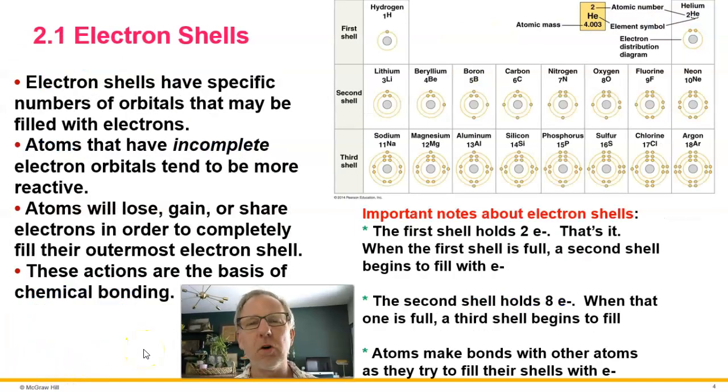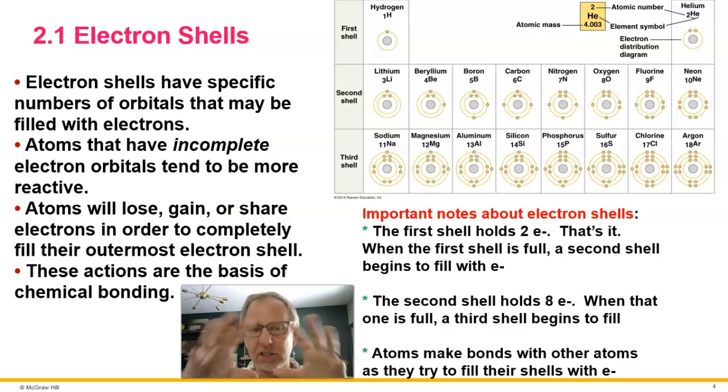So now we're going to focus our attention on electrons. Why? Because electrons are the parts of atoms that are responsible for their chemical properties, like their chemical behavior. It's mostly about electrons. So we need to focus on them a little bit. Electrons are found, it's a concept, it's an idea, in what are called electron shells.